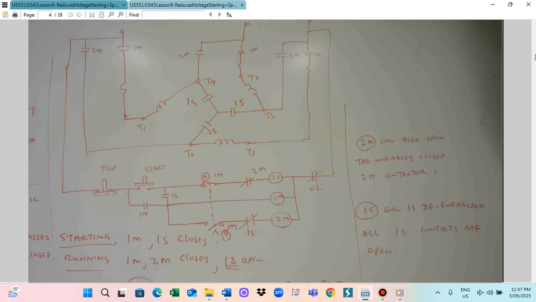Normally motors start with a higher current, but as the motor speeds up, the starting current is reduced. Then after that, the 1M A contactor is open, so the 1M B contactor will close, and 2M is energized. 2M energized means that all 2M contactors are closed.